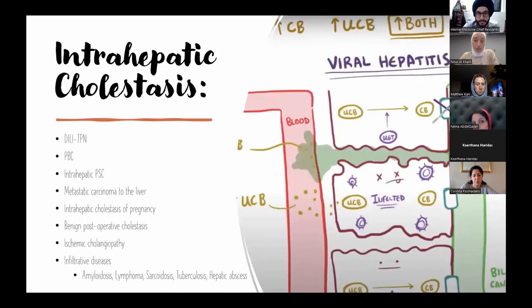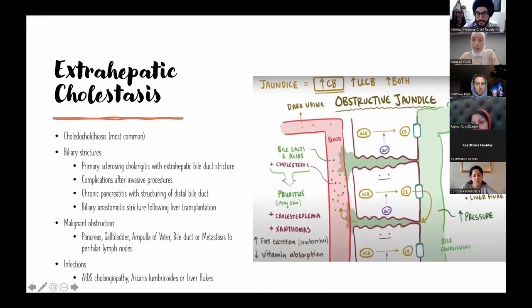So just for the differential, for extrahepatic cholestasis, we usually have a problem in the biliary tree, either choledocholithiasis stones or a tumor somewhere here, and infection in the biliary tree, including Ascaris, liver flukes, and HIV-related cholangiopathy.